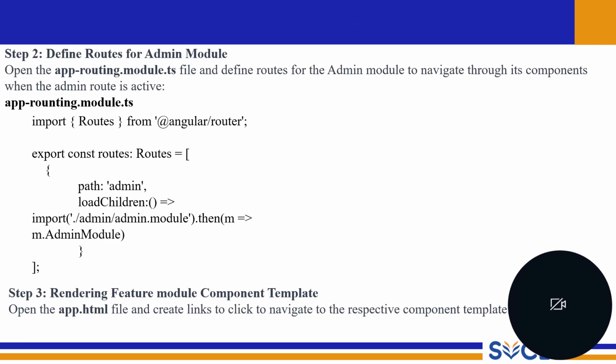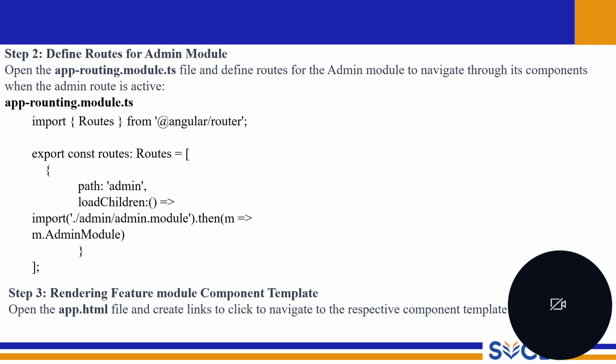In step 2, open the app-routing.module.ts file and define the routes for the admin module to navigate through its components when the admin route is active. In step 3, render the feature module component templates.